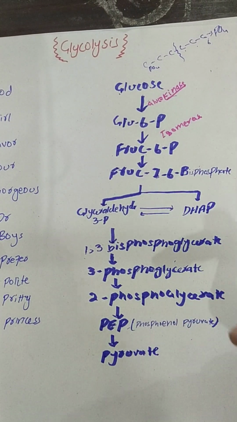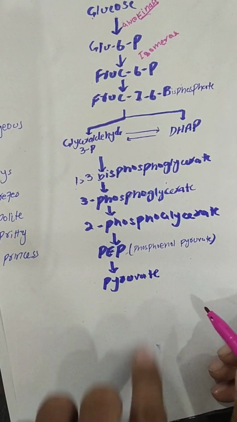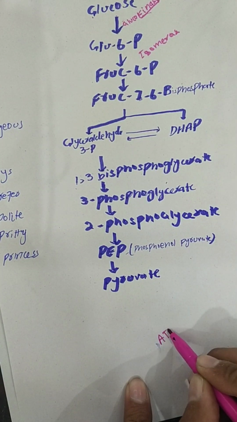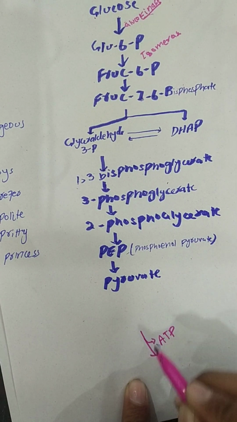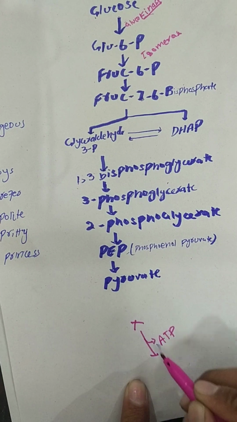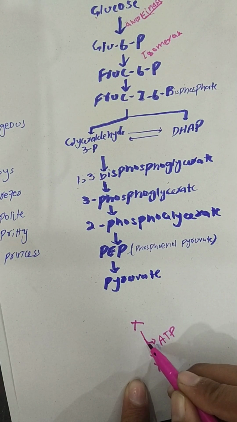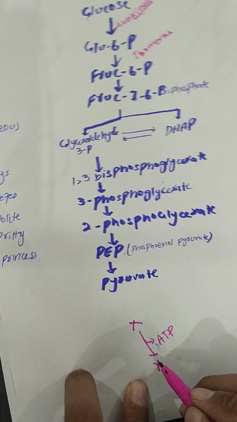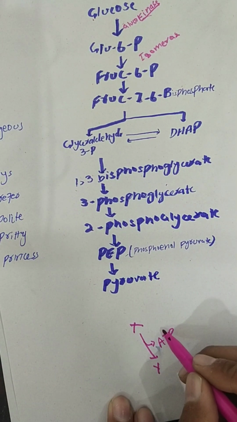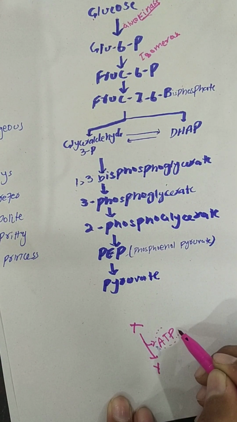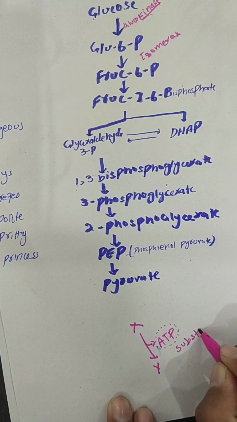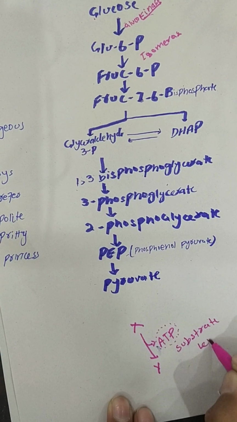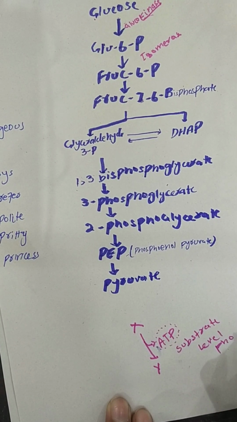So why is this very important? One more thing I want to tell you: there are two ways in which ATP is produced. If in a reaction X is converted into Y and ATP is produced directly in this reaction, we call this reaction substrate level phosphorylation.